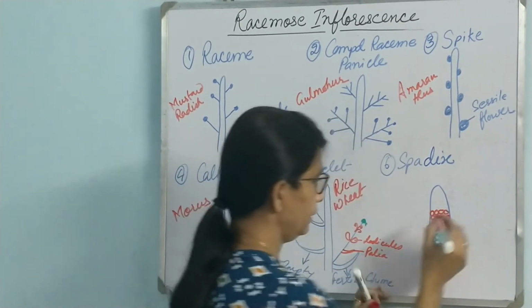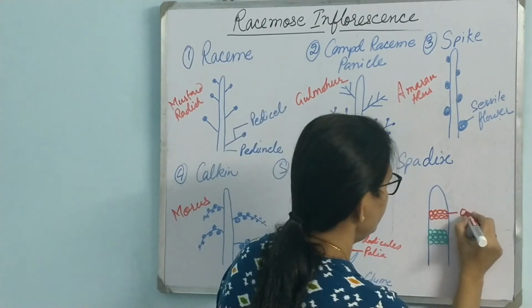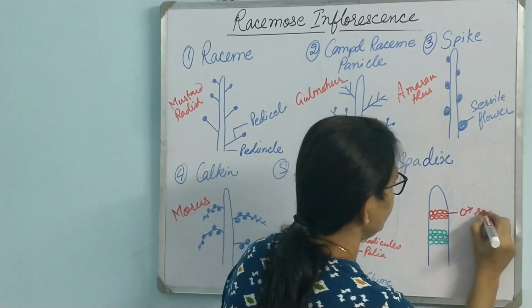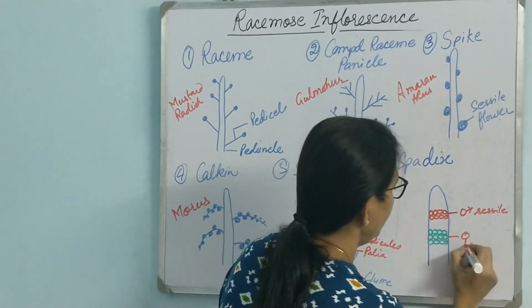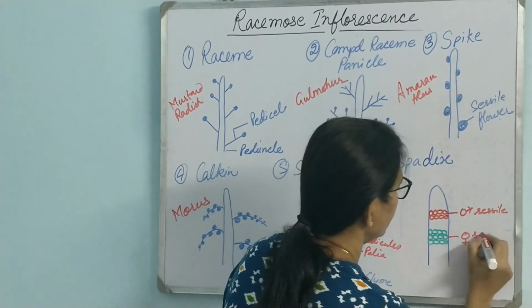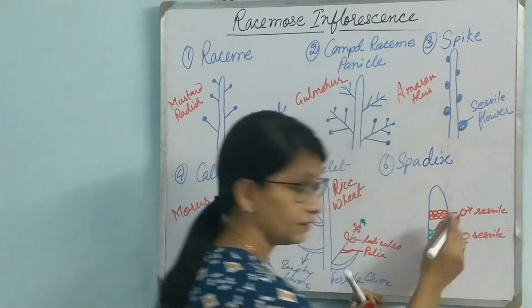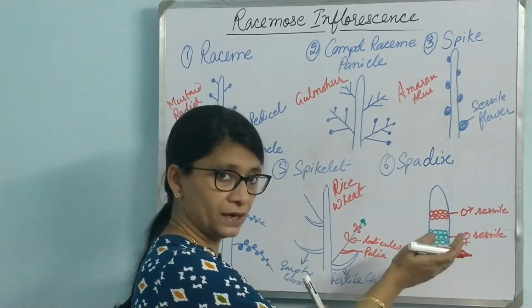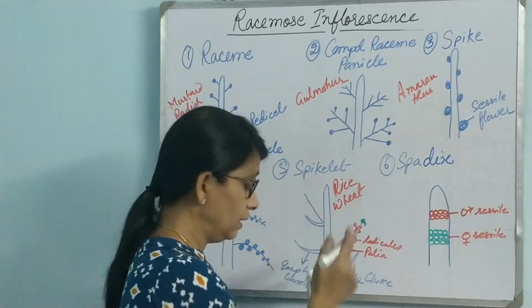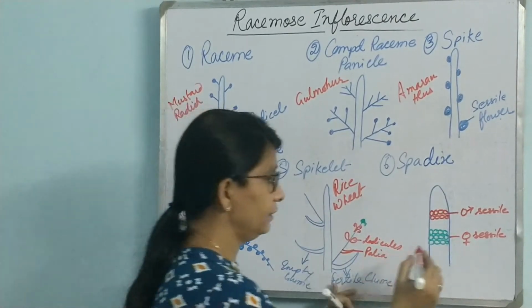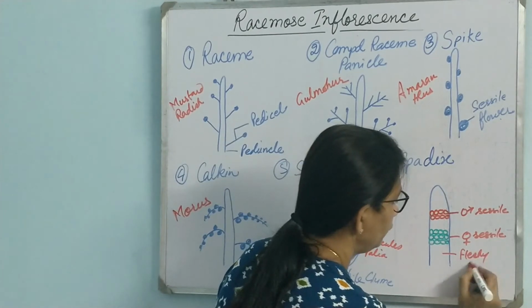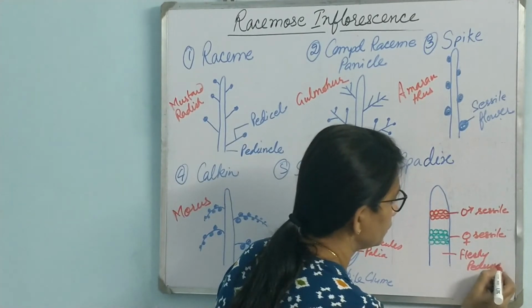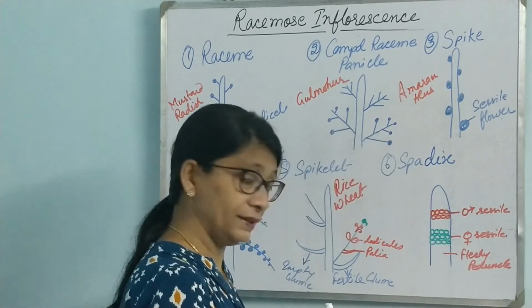So here we have male sessile flowers, and these are female sessile flowers. The bottom portion has female flowers, the top portion has male flowers. Then the peduncle is fleshy. Fleshy peduncle.